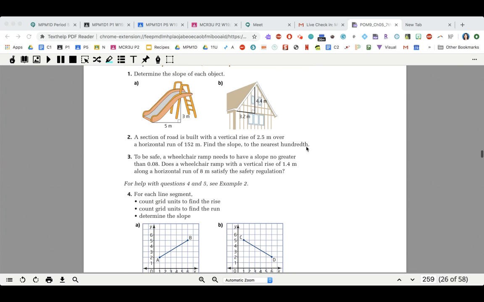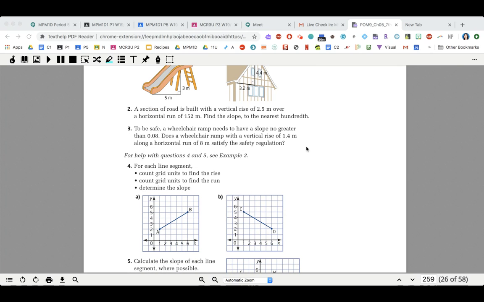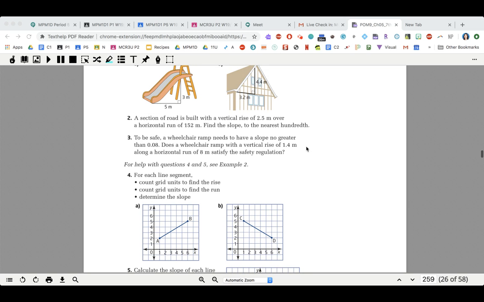So about 0.02. Okay, to be safe, a wheelchair ramp needs to have a slope no greater than 0.08. Does a wheelchair ramp with a vertical rise of 1.4 along a horizontal run of 8 meters satisfy the safety regulation? So we have a rise of 1.4 and a run of 8. So 1.4 divided by 8, I'm getting 0.175.